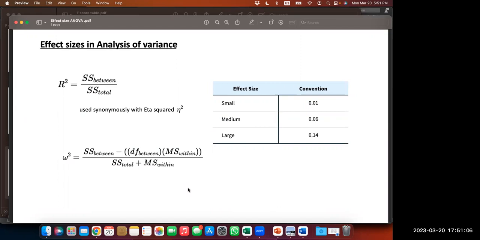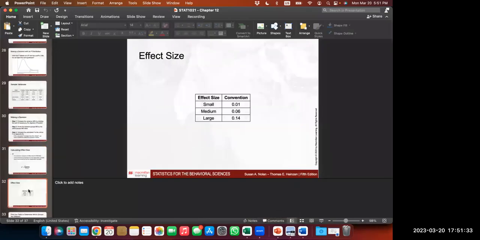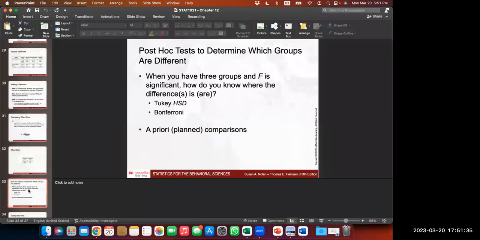Omega squared is an advanced version of our R squared, which incorporates information of the degrees of freedom, so that it's an adjustment and gives a more realistic estimate of the effects, accounting for the degrees of freedom. But I don't want to spend much time on that. So effects as we have here.